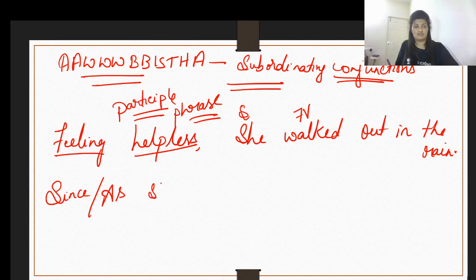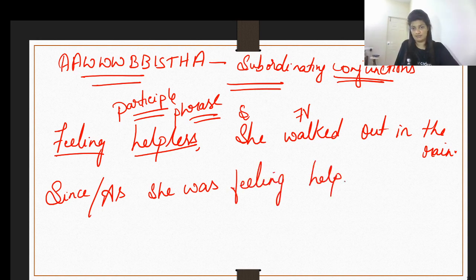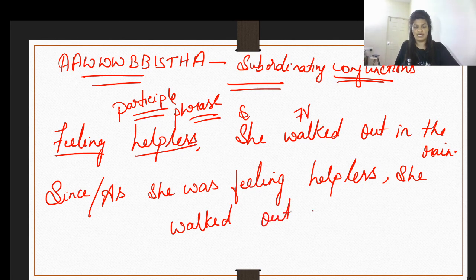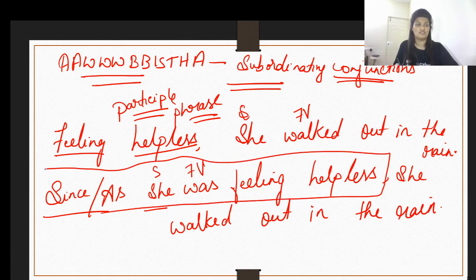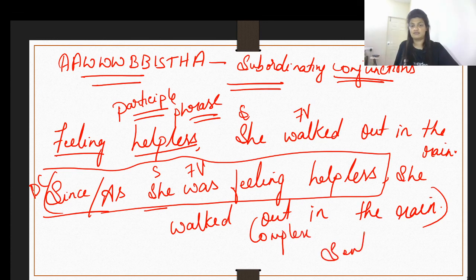Then you can continue with your clause, which is: since she was feeling helpless, she walked out in the rain. So there you have it. Since is our conjunction, she is the subject, was is the finite verb, and we have our dependent clause, thereby making this a complex sentence.